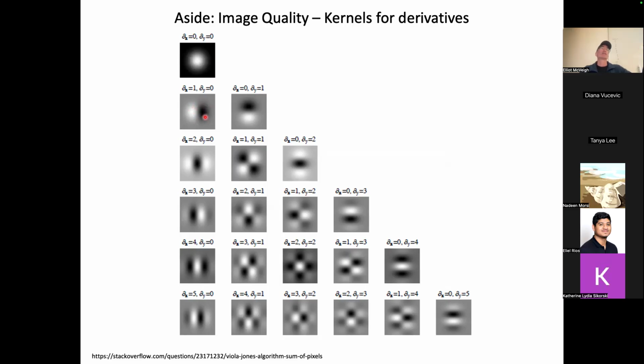When you run that kernel across, it'll actually evaluate the derivative of the image in that direction. And this will evaluate the derivative in the vertical direction. And you can go to these higher order kernels. Unless you're looking for something specific that has a specific kind of shape, usually you don't use any of these kernels down here. But if you're trying to convolve through a picture and find something that has components like this, you can use these kernels.